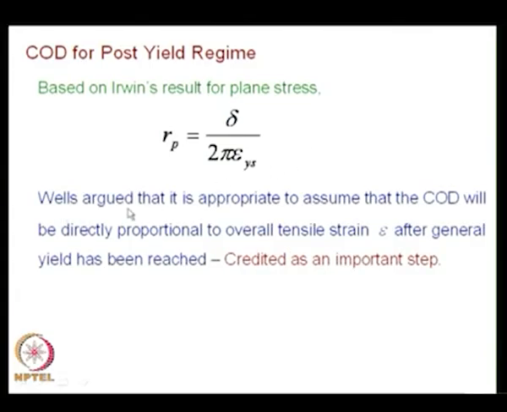Wells argued that it is appropriate to assume that the COD will be directly proportional to overall tensile strain epsilon. It is a very important step after general yield has been reached.